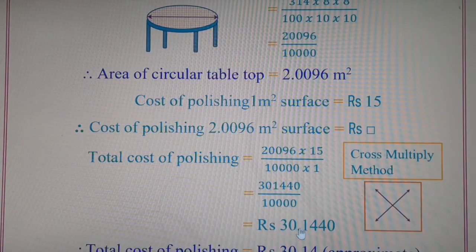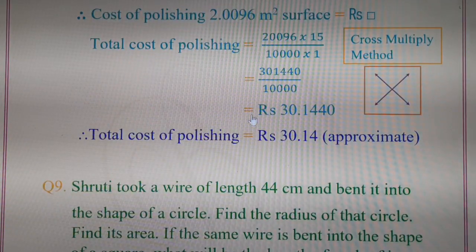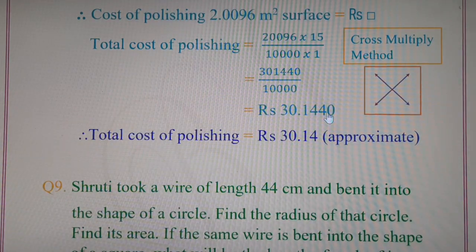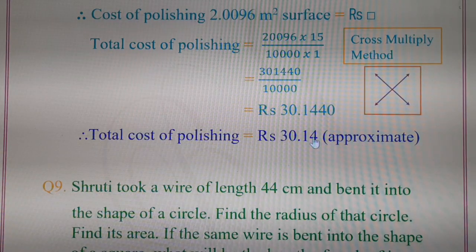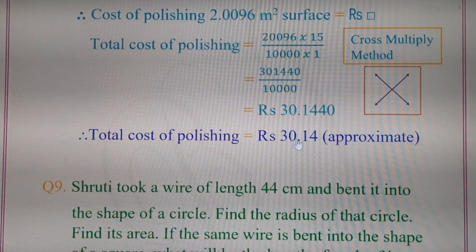So our answer will be 30.1440, and that will be written as rupees because we are calculating the total cost of polishing. The total cost of polishing will be rupees 30.1440, and that can be written approximately as a 2-digit decimal number because in rupees and paise there are 2 digits as a decimal. So here we'll write it as 30.14.